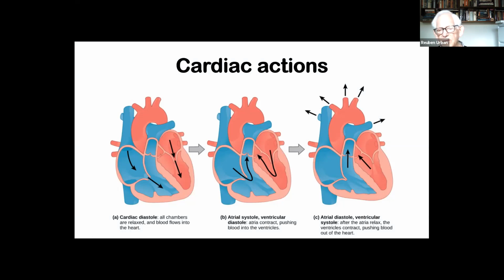An artery, by definition, there are two definitions. One is that arteries carry blood away from the heart, and they also carry oxygenated blood. Veins carry blood towards the heart, and they carry deoxygenated blood.